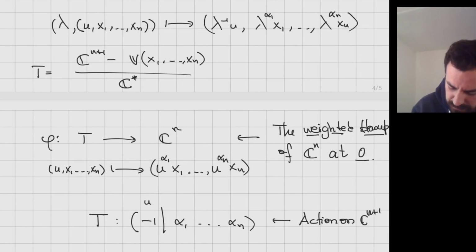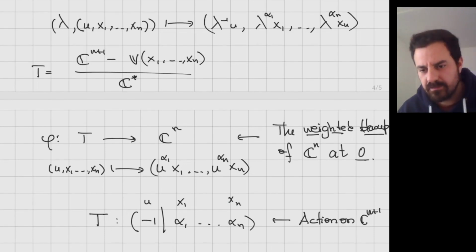So these are variables u, x_1 up to x_n. Okay. So is this clear?